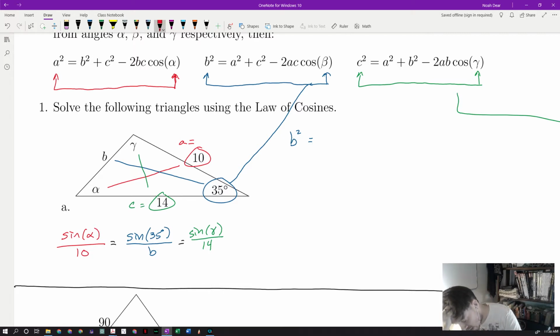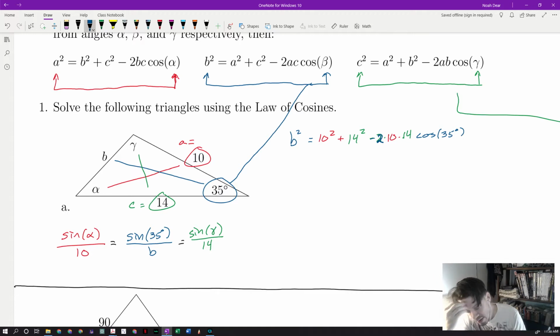So I've got 10 squared plus 14 squared minus 2 times 10 times 14 times the cosine of beta, which is 35 degrees.